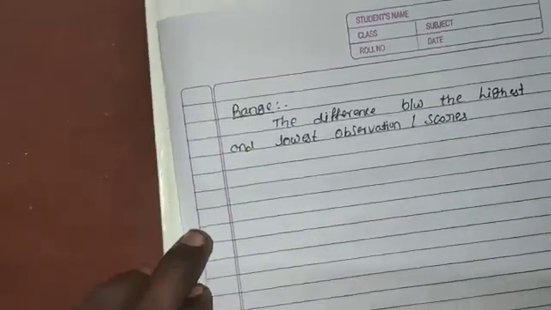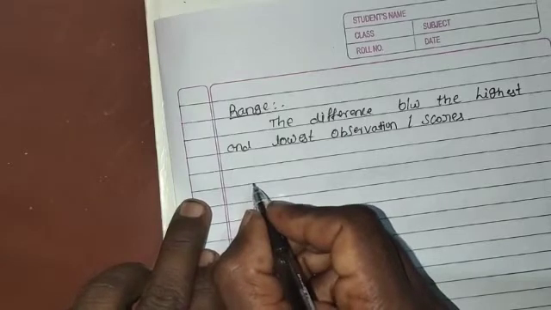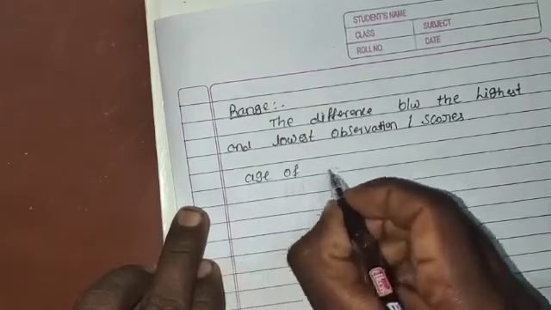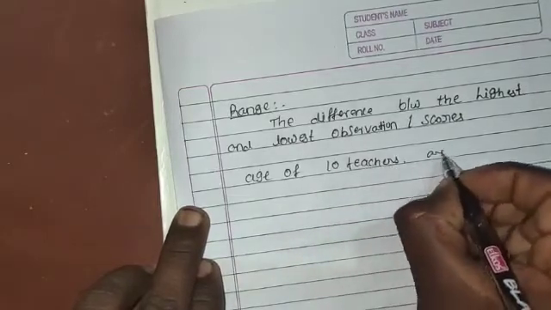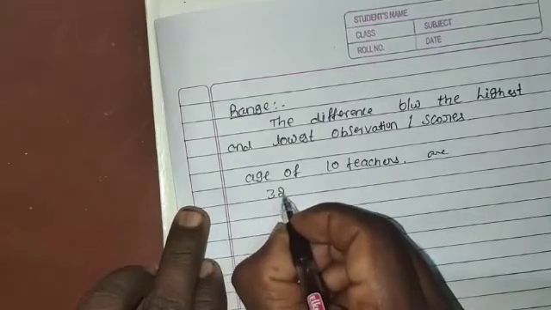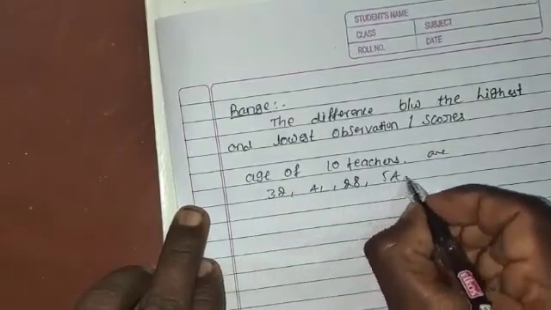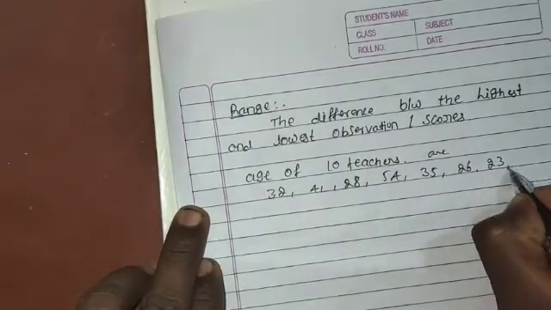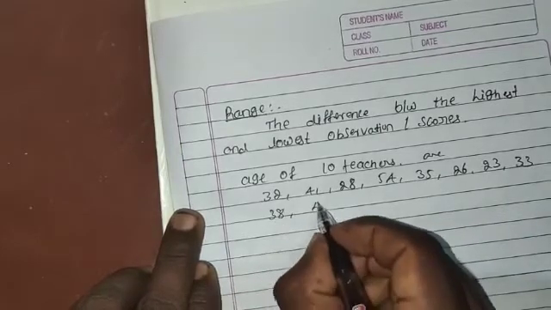For example, let's take the previous example, the ages of all teachers. The ages of the 10 teachers are 32, 41, 28, 54, 35, 26, 23, 33, 38, 40.